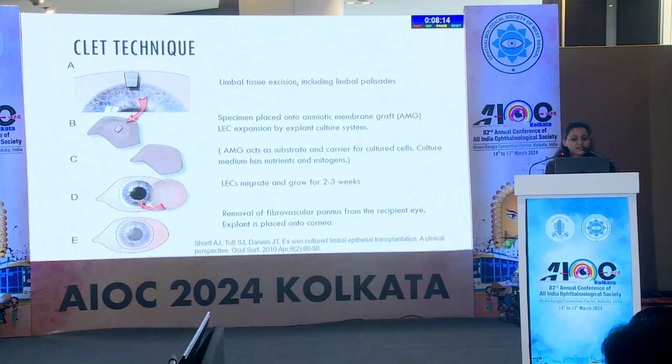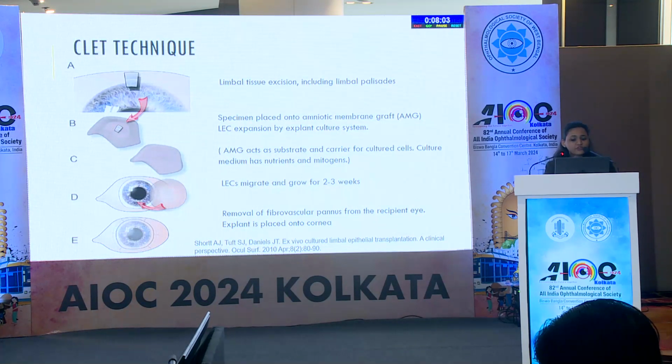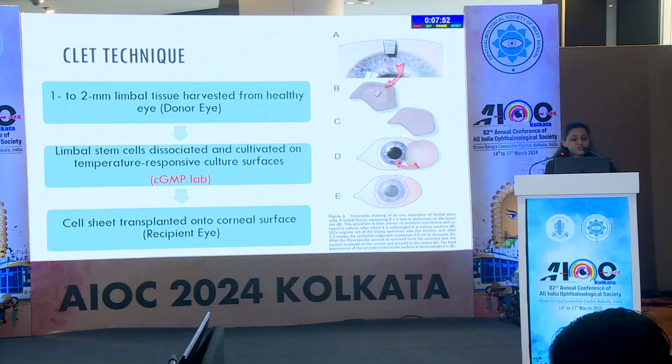Here AMG acts as substrate and a carrier for cultured cells, and the culture media provides the nutrients and mitogens for its growth. Figure D shows excision of the fibrovascular pannus for preparing the recipient eye, and in E you can see the finally placed explant onto the cornea. Between the donor and the recipient eye, this step of cultivating the limbal stem cells requires a cGMP lab.